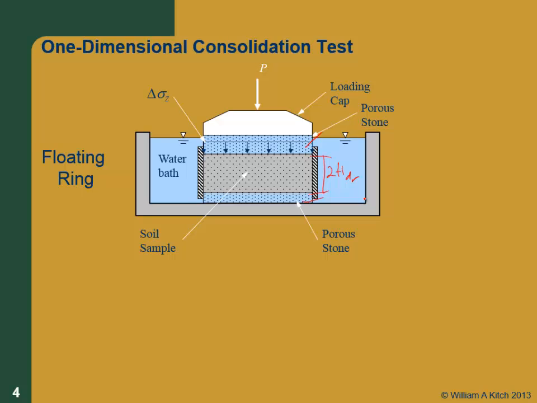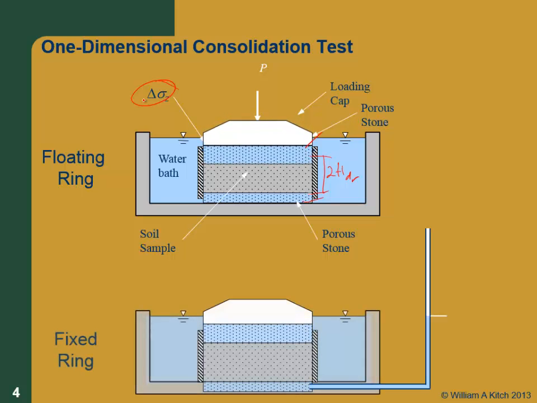Because it's draining on top and the bottom, the drainage distance is half the thickness of the sample. Normally we put a load on the top of this. That load is going to apply some delta sigma to the sample, and it's going to sit there and consolidate. Pretty straightforward.